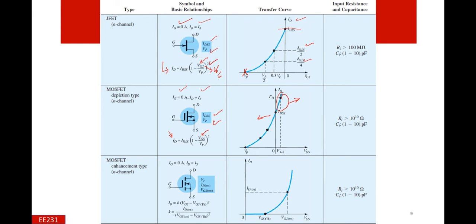This makes the difference between the depletion type n channel MOSFET and the n channel JFET, and this enhancement mode can be achieved when we apply some positive potential, and the upper limit of the positive potential is also given.